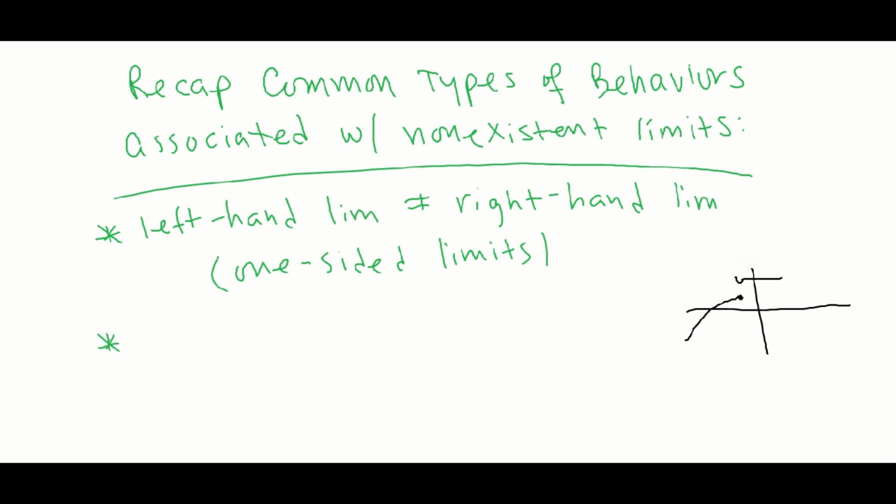The second type of limit that fails to exist is when f of x is unbounded, such as the function y is equal to 1 over x.